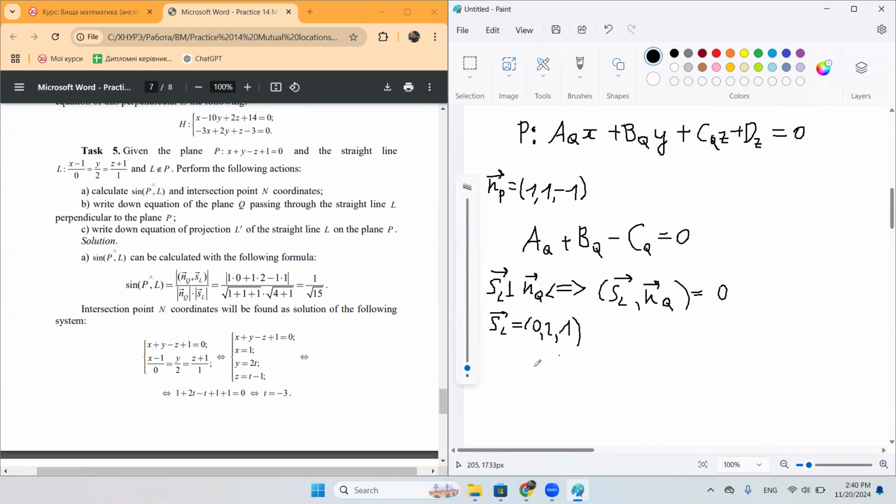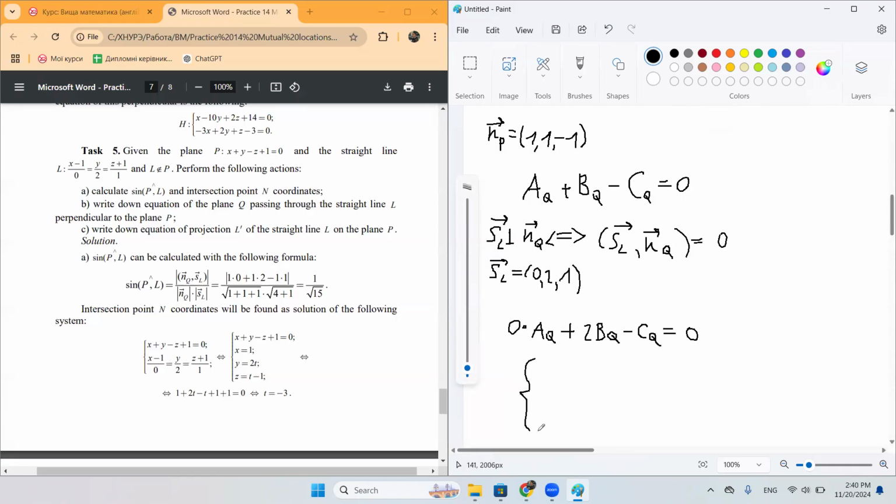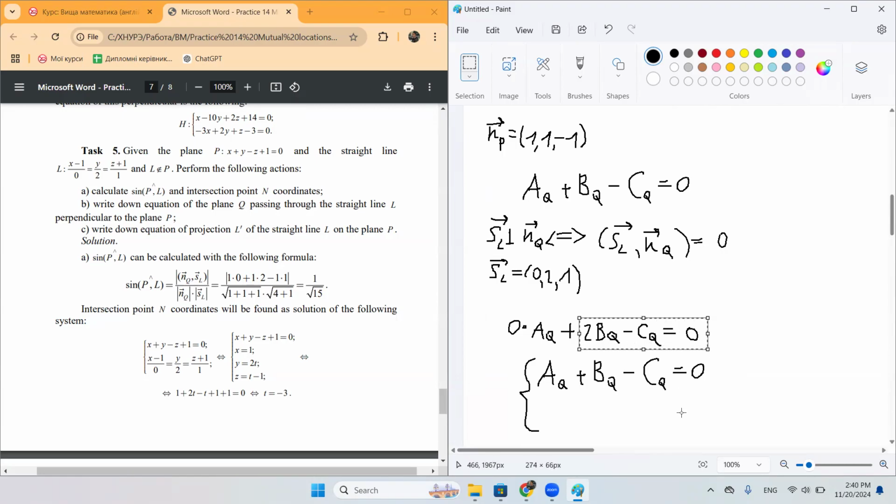So that's the first equation. And the second: 0 AQ plus 2 BQ plus CQ equals 0. Then we have a homogeneous system of two equations with three variables, and we have to find the coefficients from it.